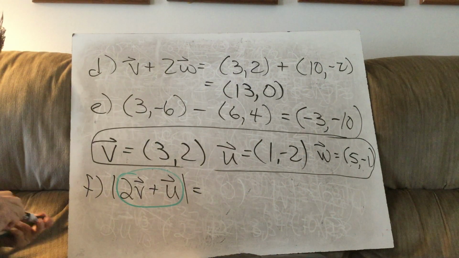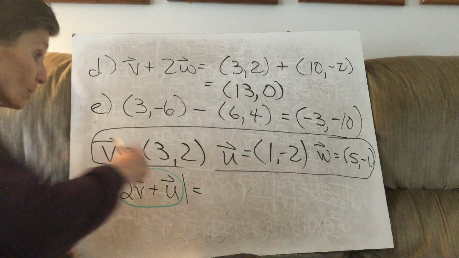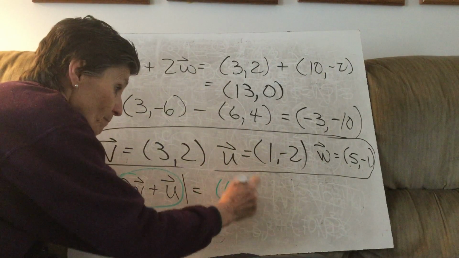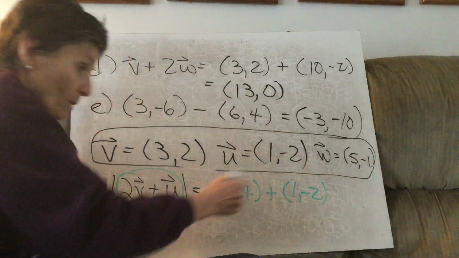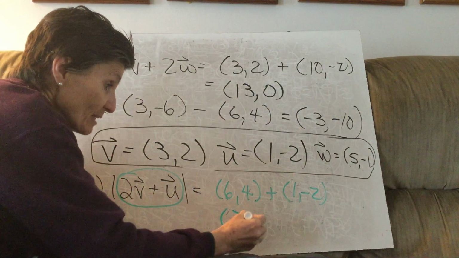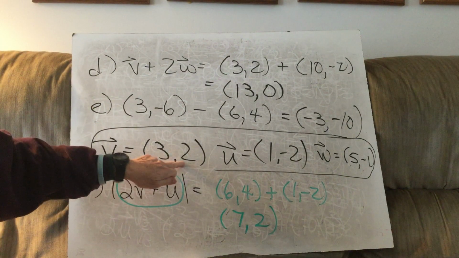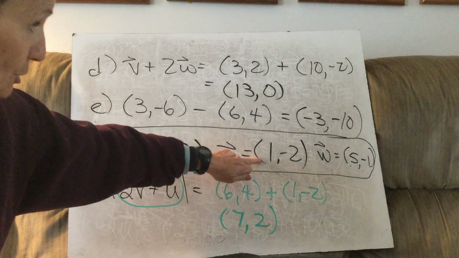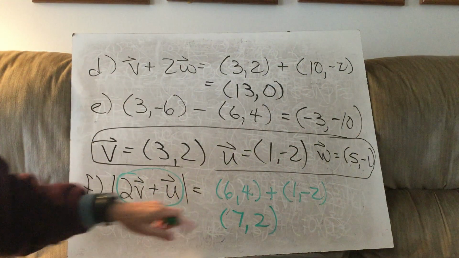So 2V would be 6, 4, and then plus U, 1, -2. So I'm going to go ahead and add those together. So that's going to give me 7, 2. So 2 V's, 2 of these, plus U, add them together, there we go.